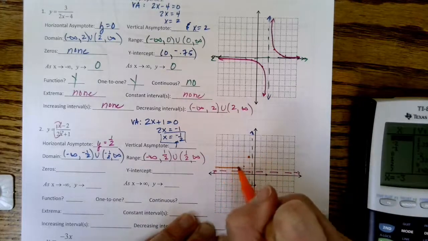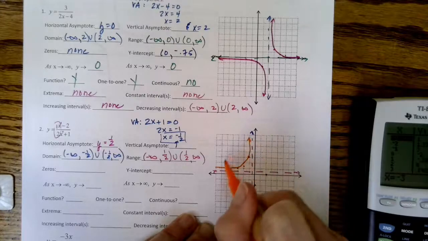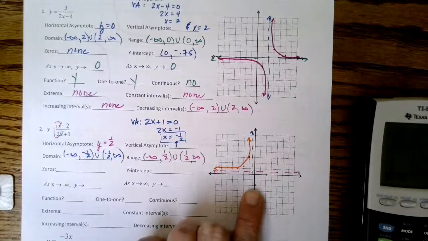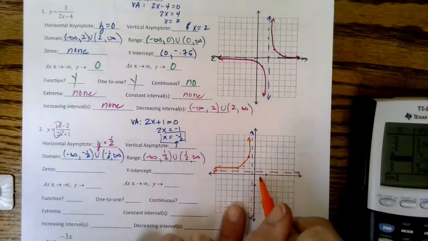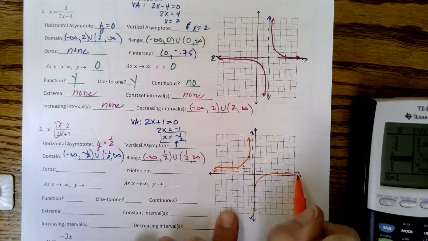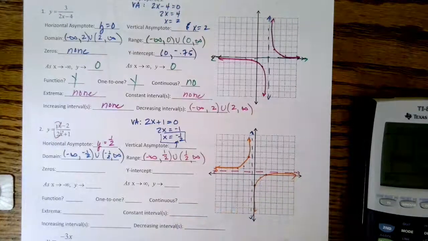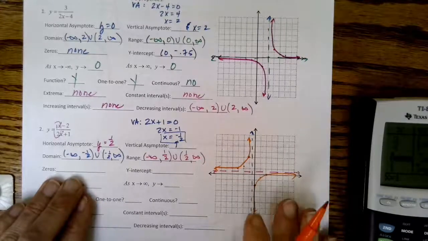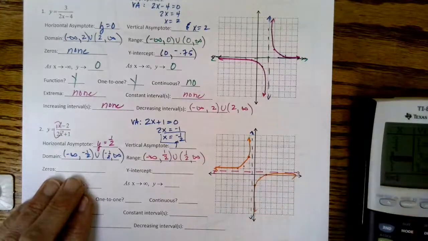So I can see the behavior of this graph. Looks like that. And I can see over here, an input of 1 is negative 1/3. When we're talking about our zeros, we're looking at where my graph has an output of 0.